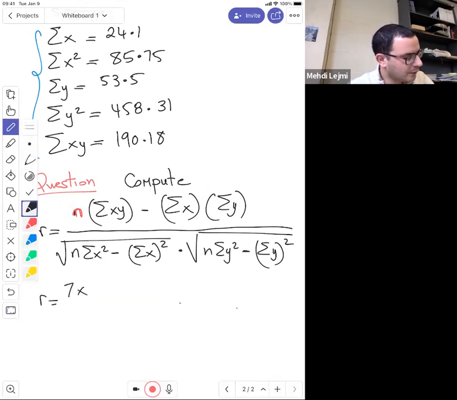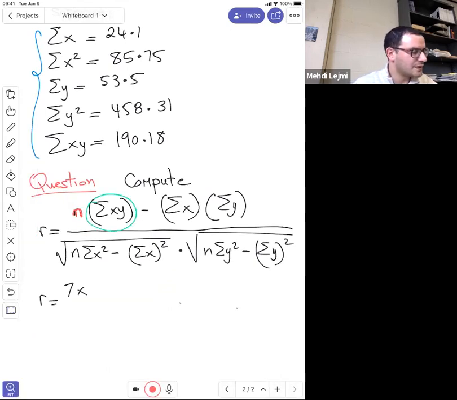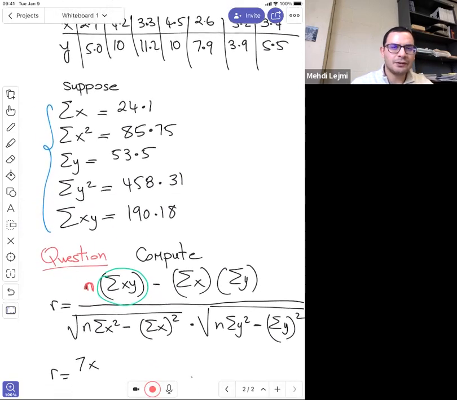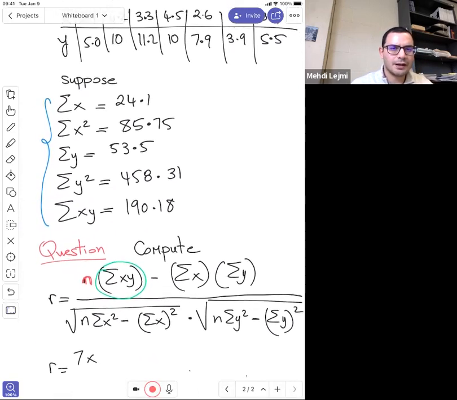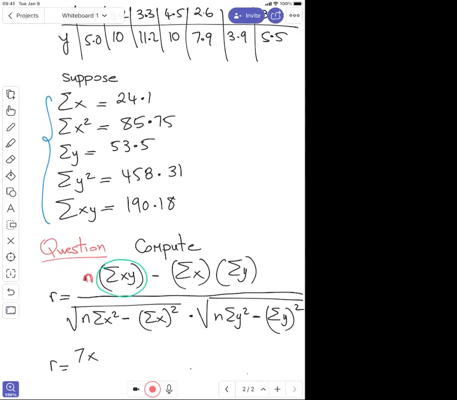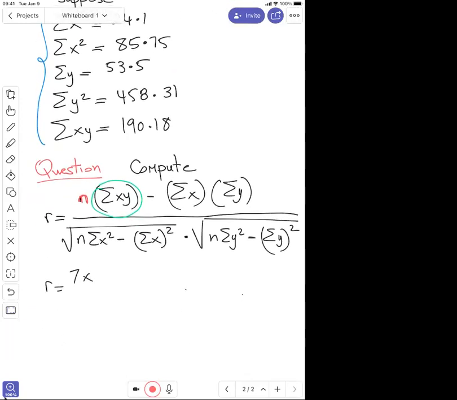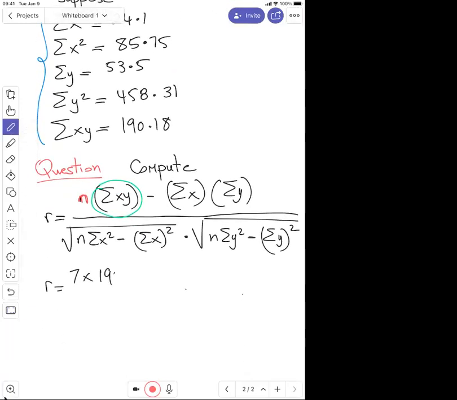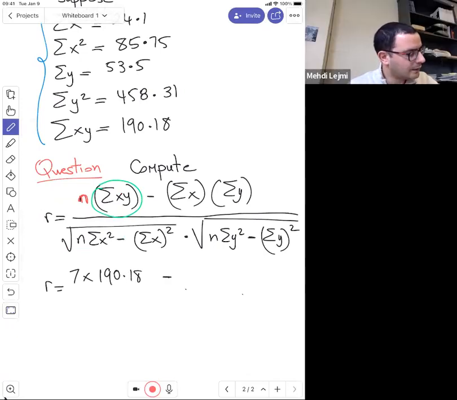Now, next number. What will be this sum of X times Y? Which number is that? The 190.18. Thank you. 190.18 minus, and then there's a sum of the x's, right?